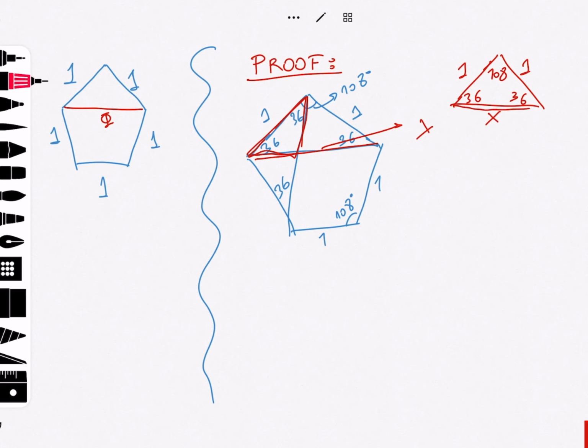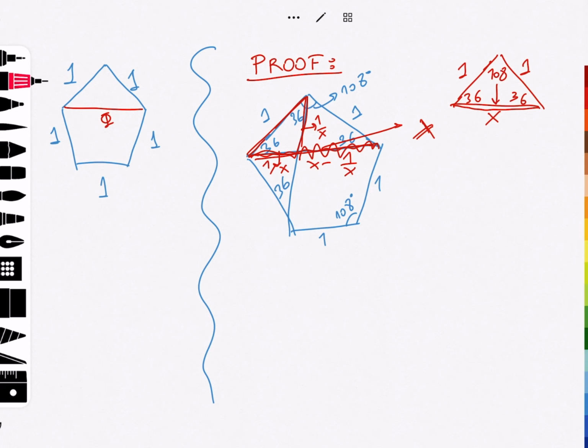The side which the 108 degrees sees is x times the other side, so these two sides are both 1 over x. Remember, the side length of the diagonal was x, so this length right over here is x minus 1 over x.